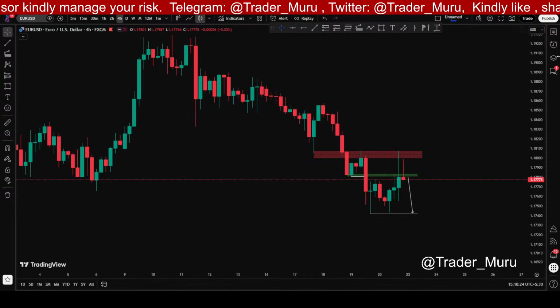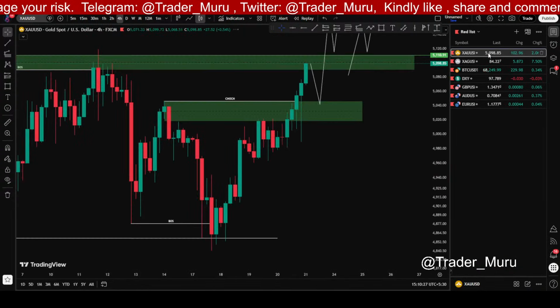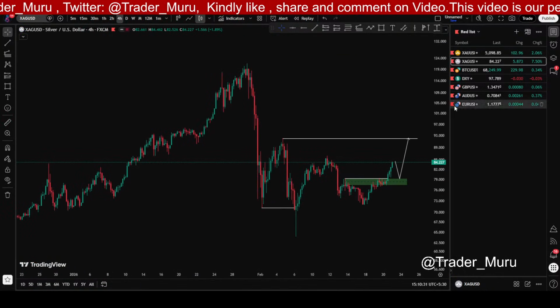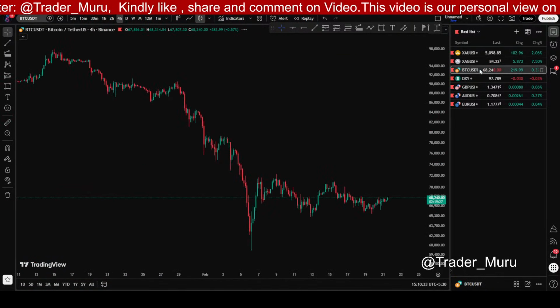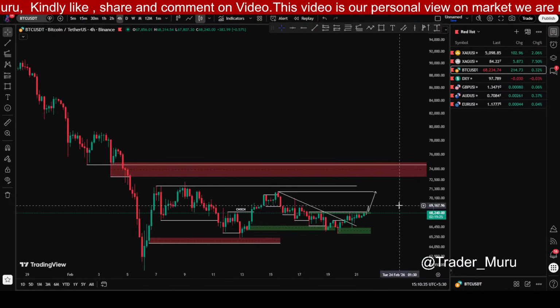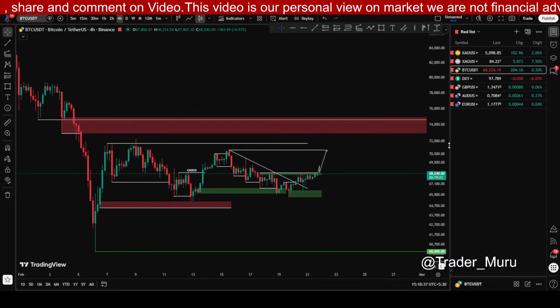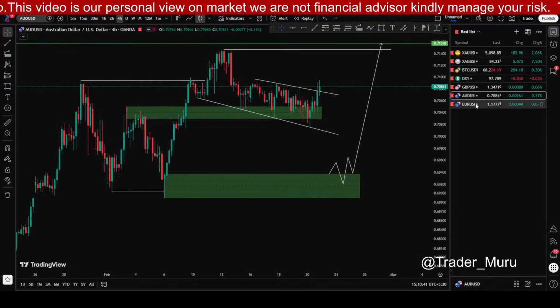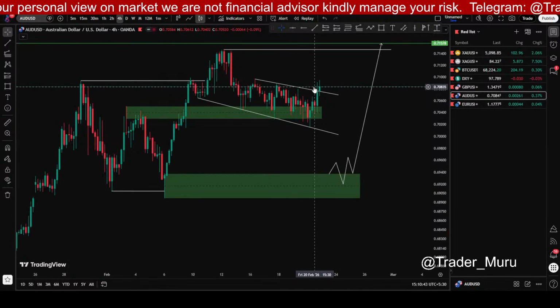So this week we have a bullish structure on gold, bullish structure on silver, and bullish structure on BTC. And all the currencies are looking weak. AUD is going good.